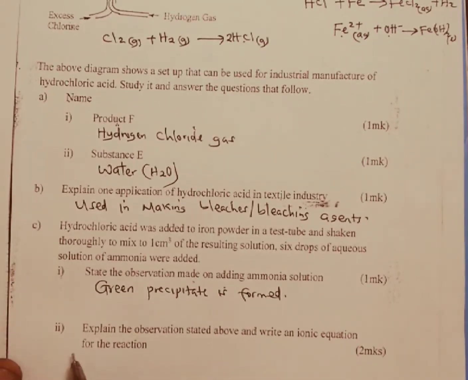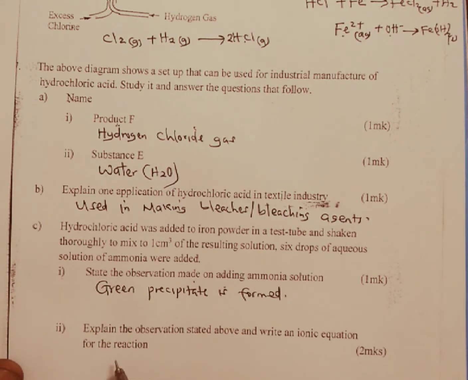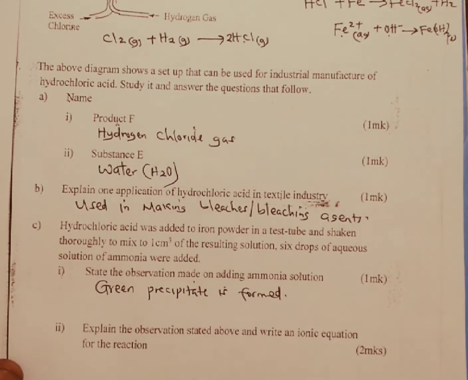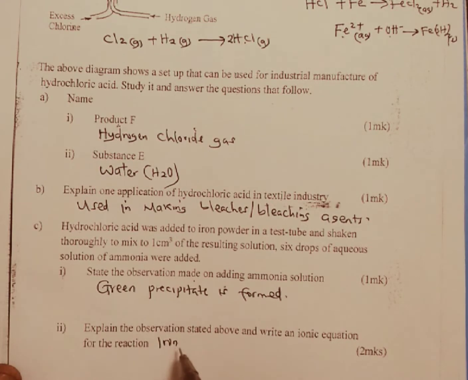Part C, roman 2: explain the observation stated above and write an ionic equation for the reaction. Remember, we have iron 2 ions.